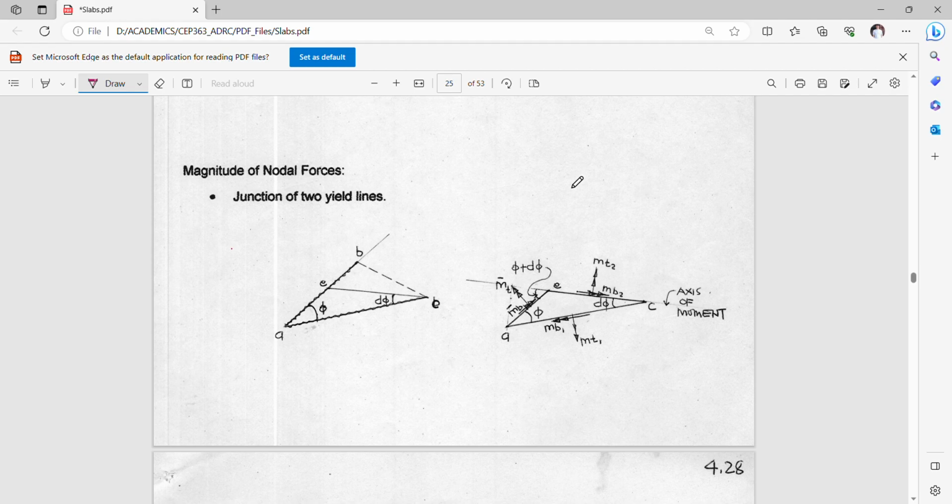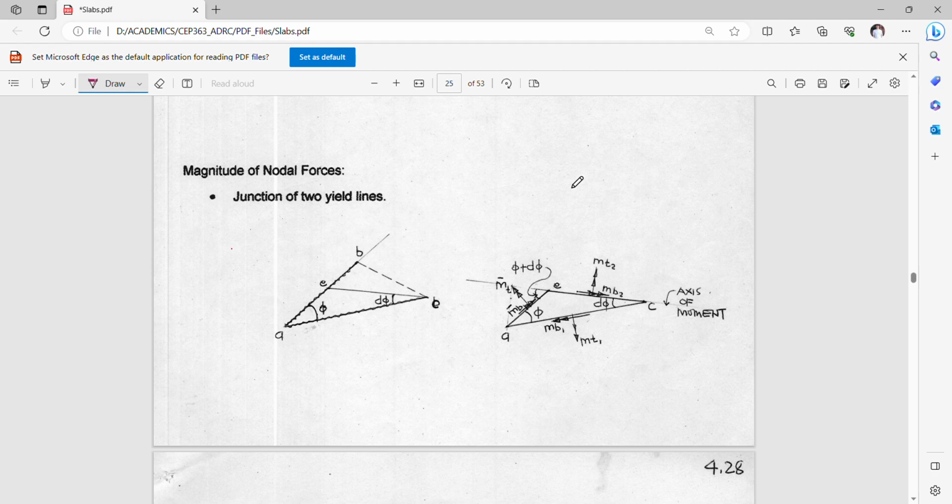So remember that we need these nodal forces to be used on the actual summation of moment along the axis of rotation of our choice. No?